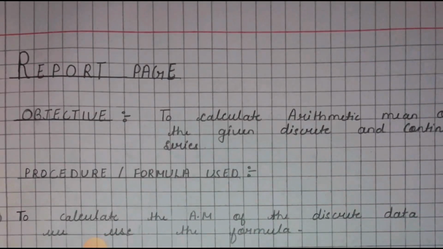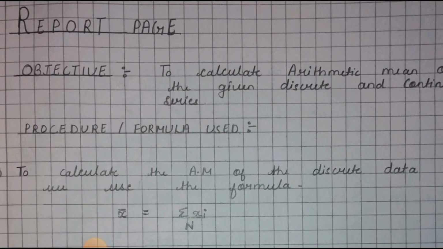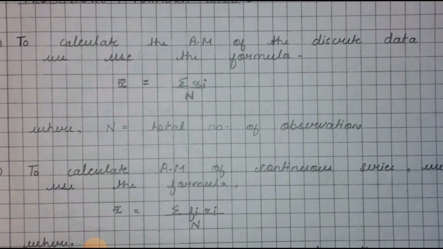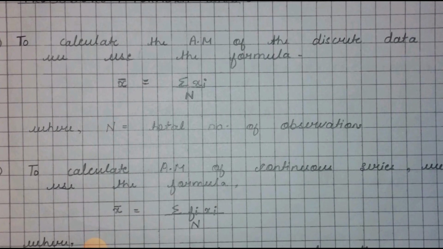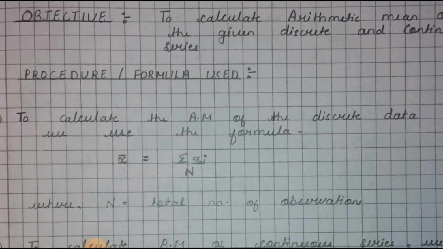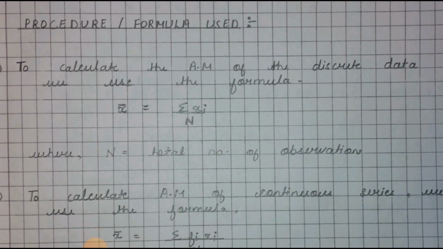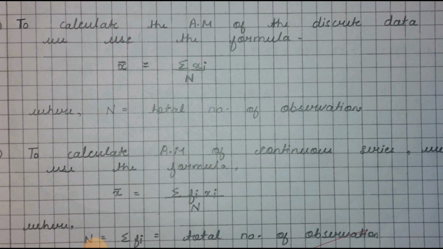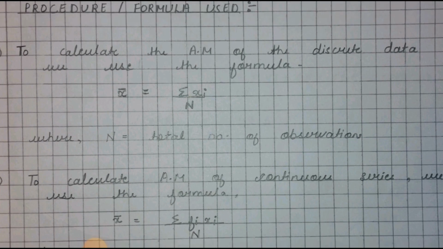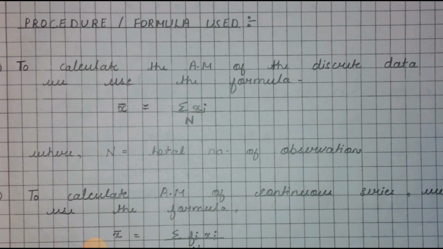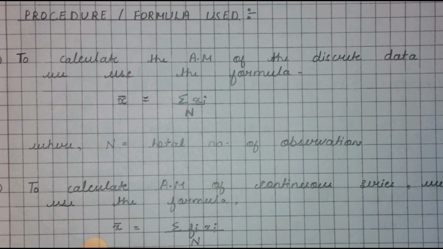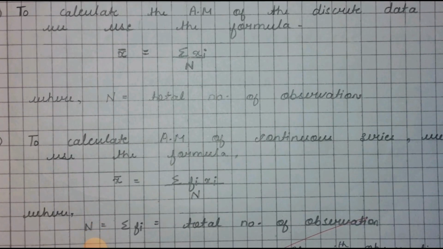Then report page. Objective: to calculate arithmetic mean of the given discrete and continuous series. So first we will apply the discrete series formula. x bar is equal to summation xi by capital N, where n is equal to total number of observations.